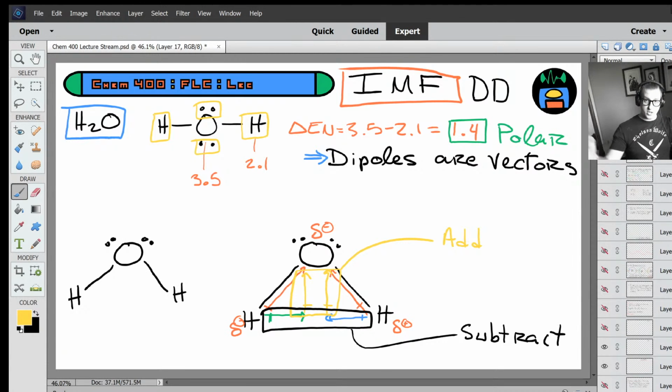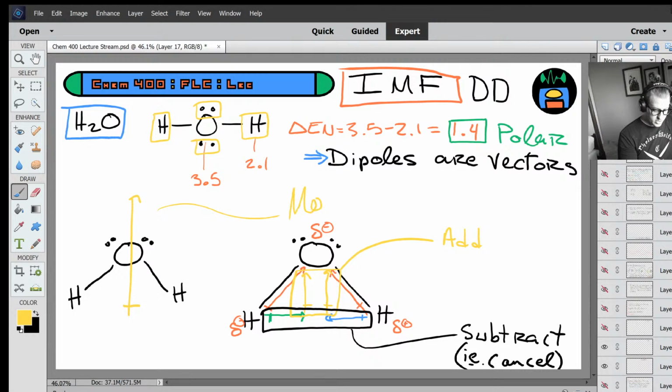The green and the blue parts, because they're going in opposite directions, cancel each other out, right? They subtract, i.e. cancel. Whereas the yellow parts going in the y direction, these add. So the dipole moment for the molecule will look like this. This right here is the molecular dipole.